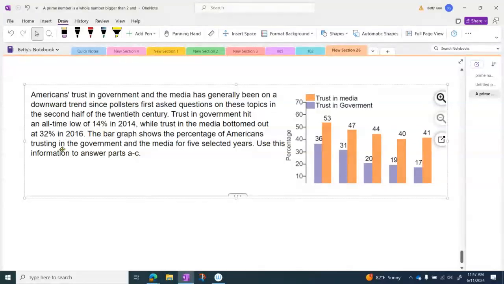Trust in government hit an all-time low of 14% in 2014, while trust in the media bottomed out at 32% in 2016. The bar graph shows the percentage of Americans trusting in the government and the media for 5 selected years. Use this information to answer parts A to C.